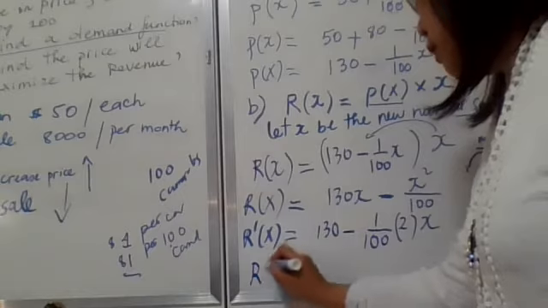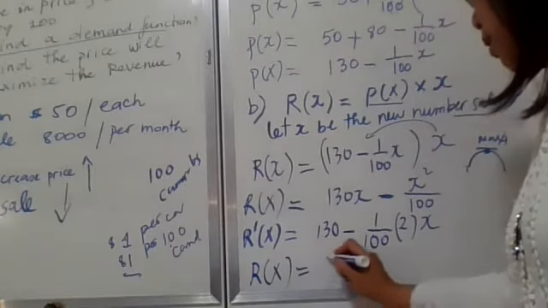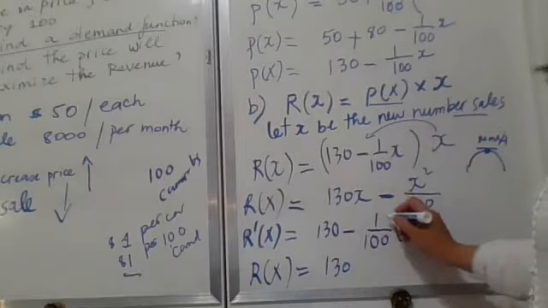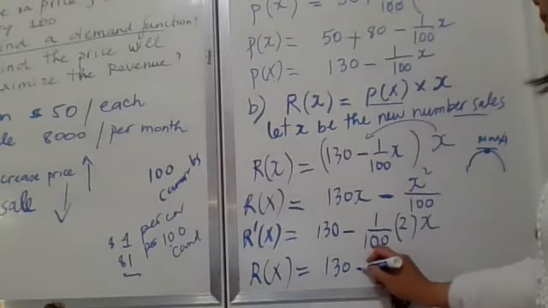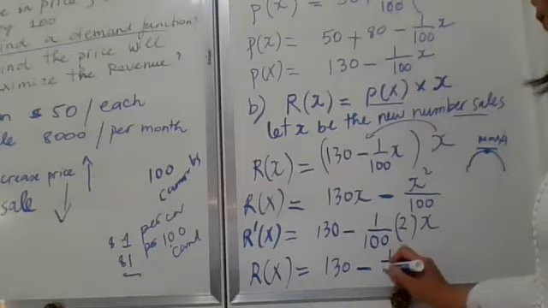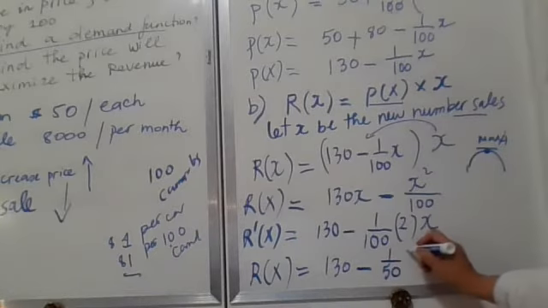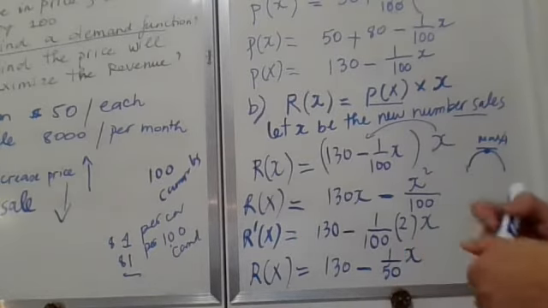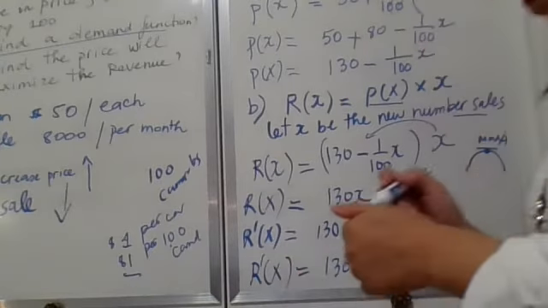So our derivative will be 130, the 2 cancels, minus 1 over 50 x. Okay, so that's the derivative of revenue.